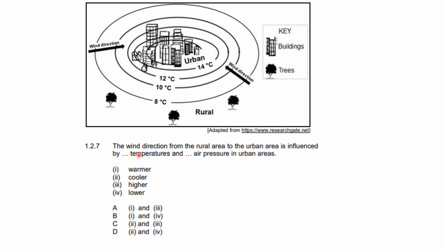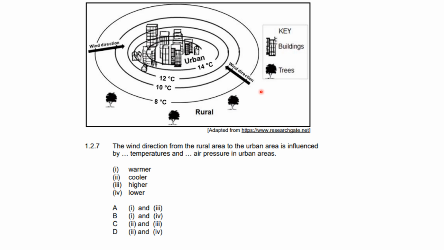So for this question, the wind direction from the rural area to the urban area is influenced by warmer temperatures, but also lower pressure. Remembering under the pressure gradient force, that wind blows from high to low.